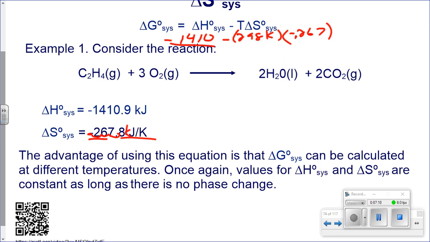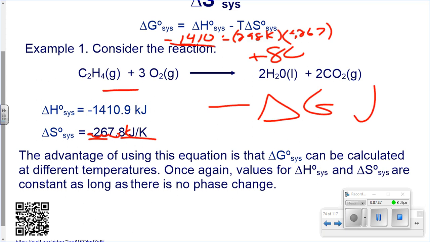So when you actually multiply here, and I haven't looked ahead to see if they go through it, take negative 1410, and let's get the 298 term resolved. Times 0.267, this term is about 80. So 1410 plus 80, because the negative and negative cancel, gives you a negative delta G, and that's good. That means this process is spontaneous.